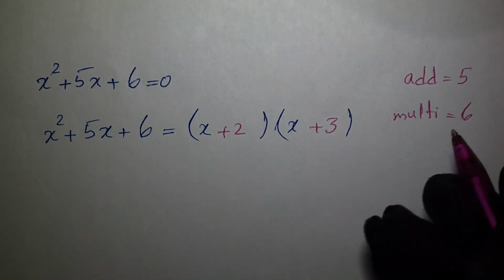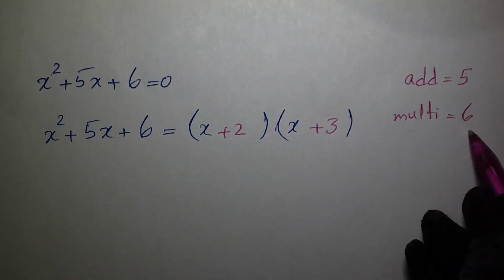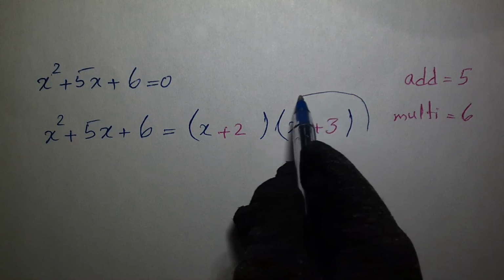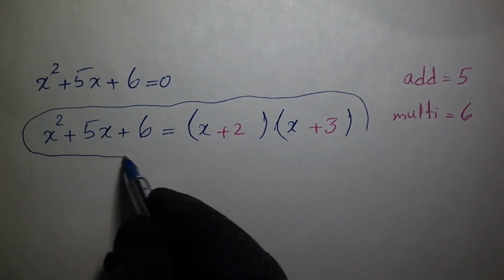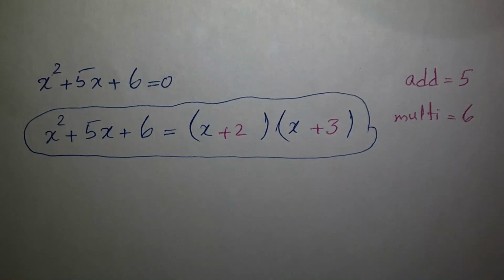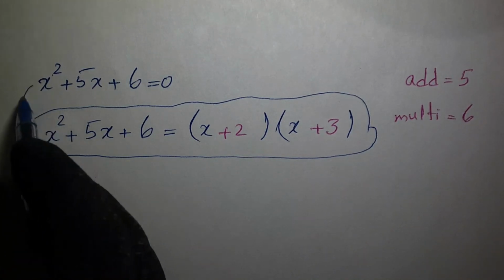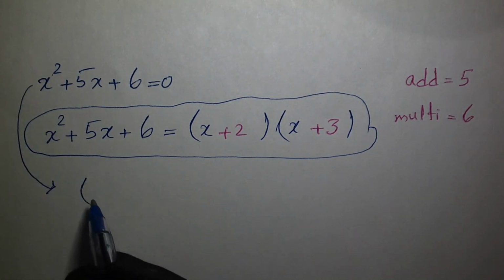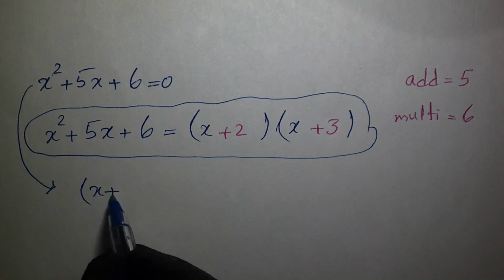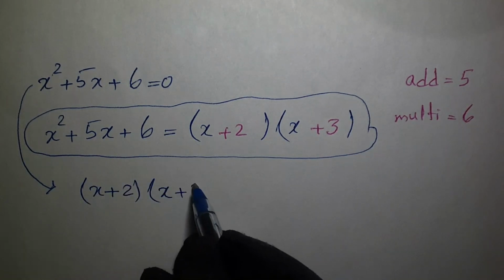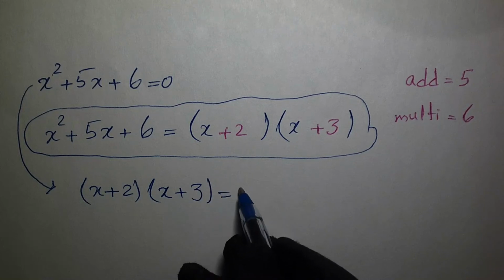If we add 2 and 3, it's going to be 5. If you multiply them, you will have 6. So this means I factored x squared plus 5x plus 6. This is the factoring of this expression. Now, in this equation, instead of x squared plus 5x plus 6, I can write x plus 2 times x plus 3 equals 0.